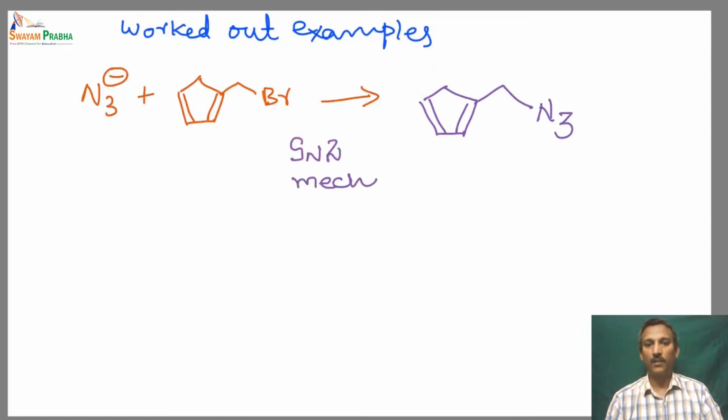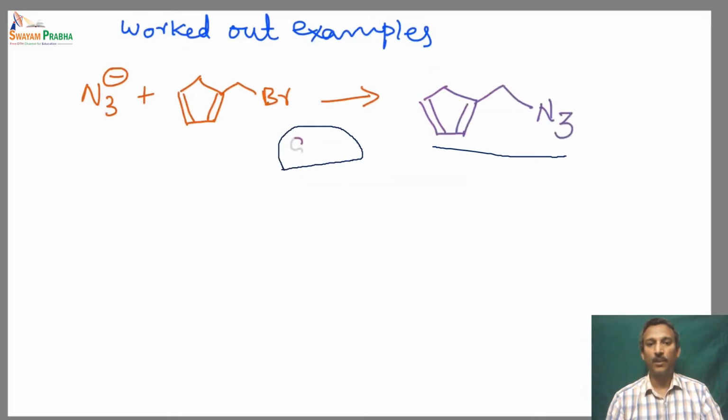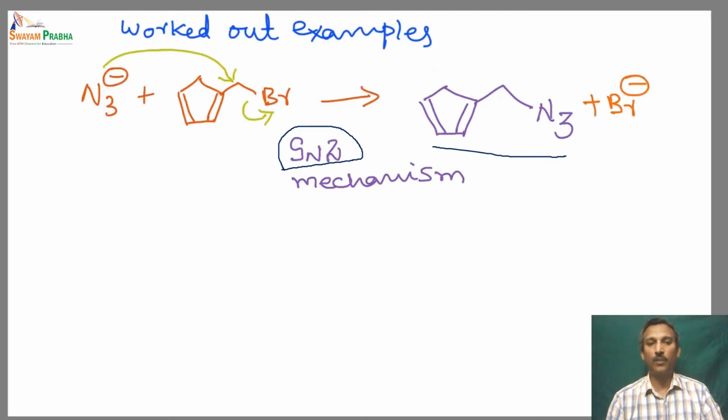In this reaction, the product obtained is an azide, and the reaction proceeds through the SN2 mechanism. The nucleophile azide anion attacks with concomitant removal of the bromide anion. This is how the reaction proceeds, by the SN2 mechanism.